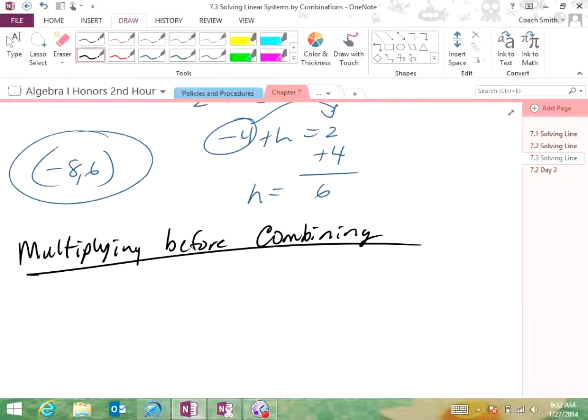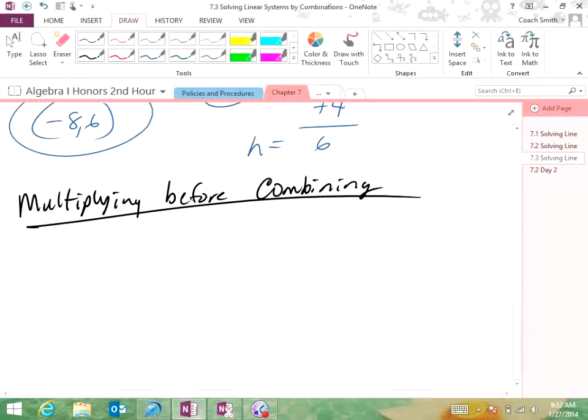And what we're trying to do is let's take, for example, number 16. Number 16 says x minus y equals 0. And I'm just going to go ahead and stack them on top. Negative 3x minus y equal 2.